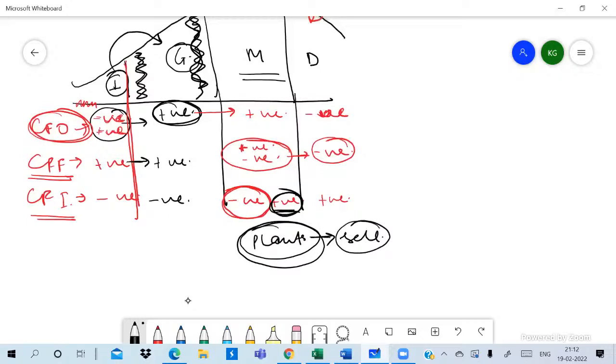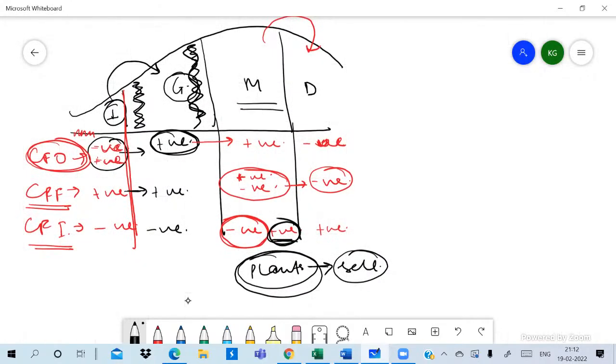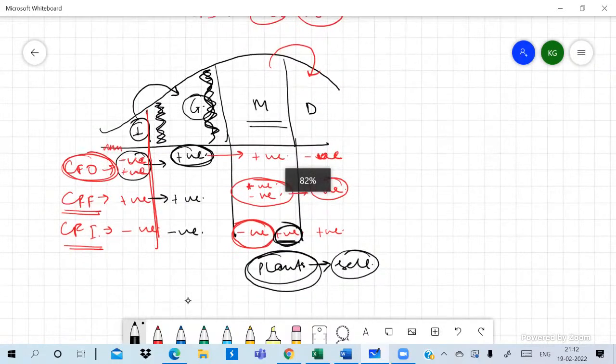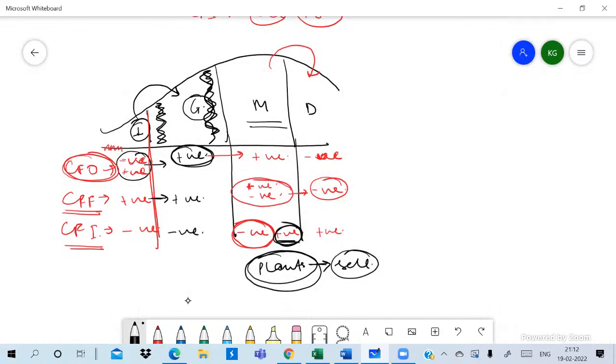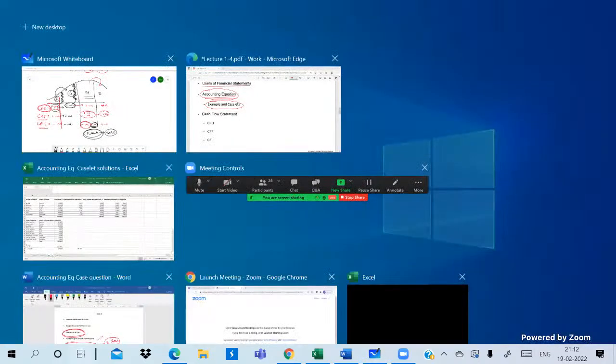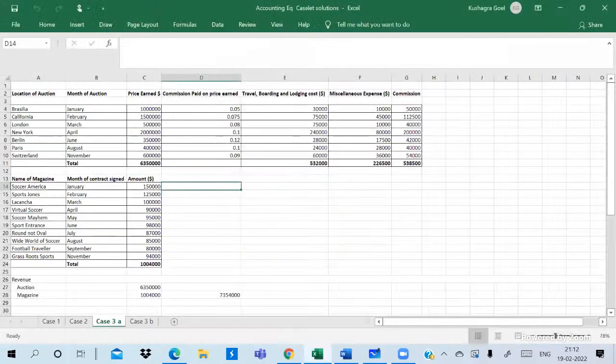Any other questions with the life cycle and the cash flow statement? Otherwise, we move to that Excel sheet. Any questions?